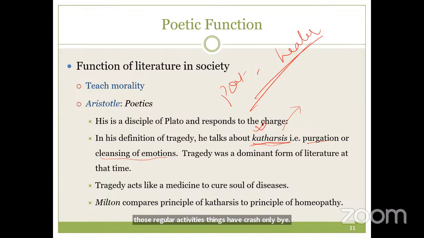And especially when we have children around us, I think we need to pay even more attention. We have to be even more sensitive. We usually say, children are showing tantrums.